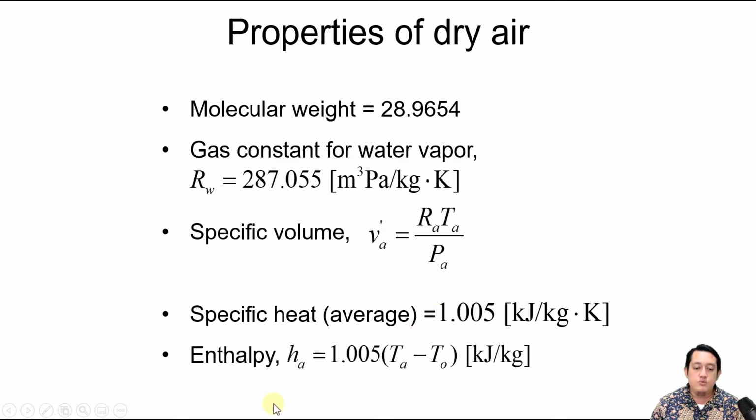The enthalpy of dry air is equal to 1.005 multiplied by (Ta minus T0). Ta here is the dry air temperature, T0 is the reference temperature. We label the dry air with a small a, so if you see small a in this lecture, that represents dry air.